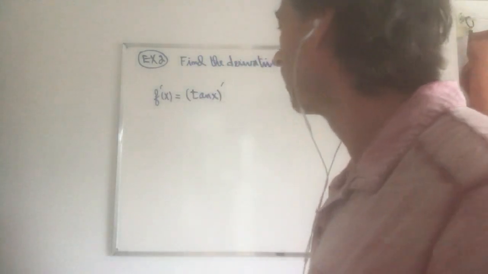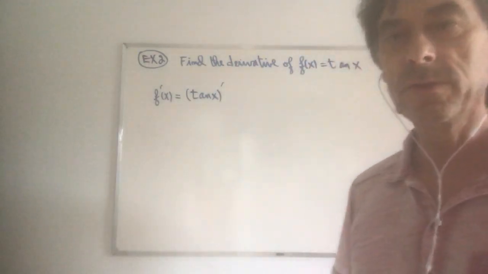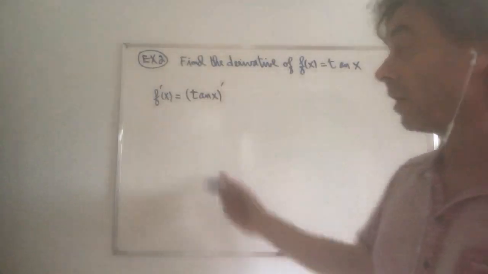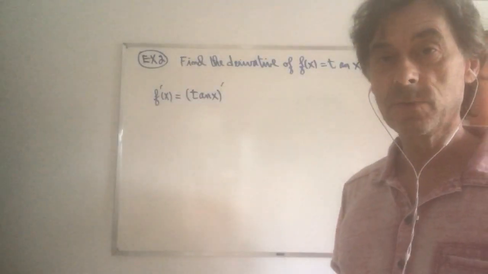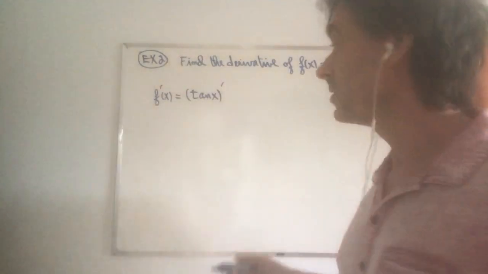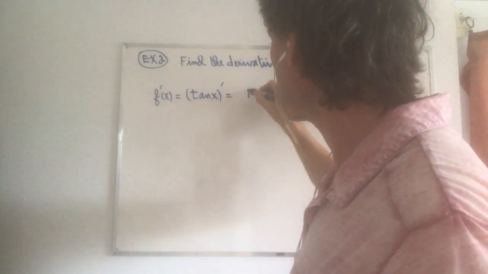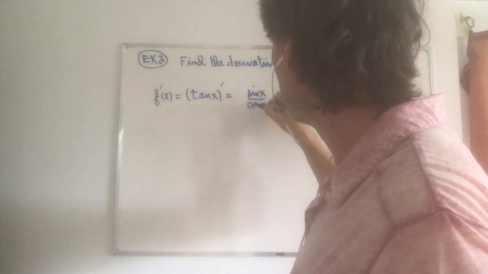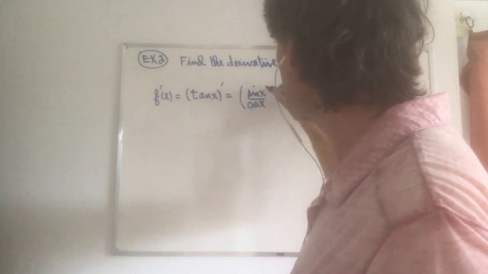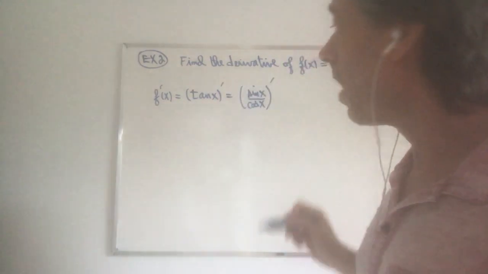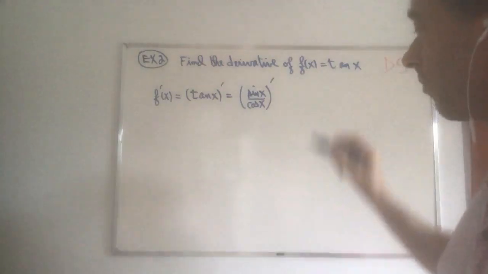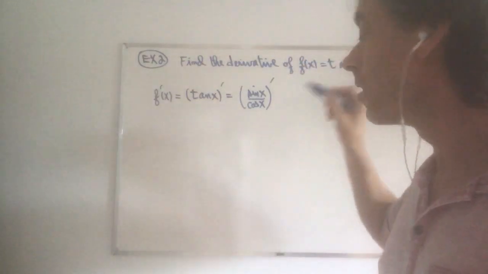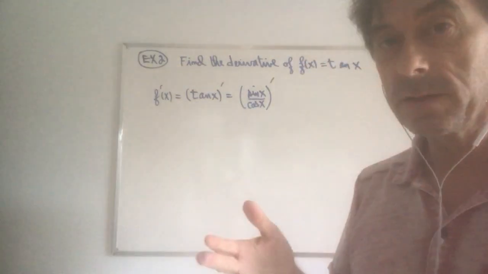All right. How can I do that? Well, we just reviewed this before, yes? What is tan? Tan is sine over cos. Oh, interesting. Tan is sine over cos. So I am currently looking for the derivative of sine over cos, which is what?